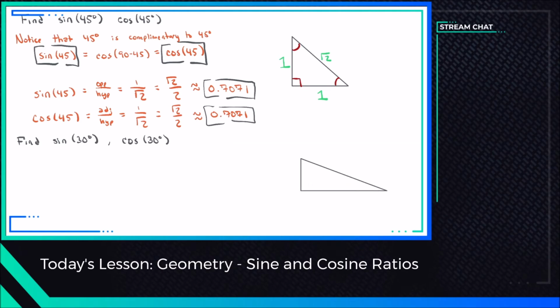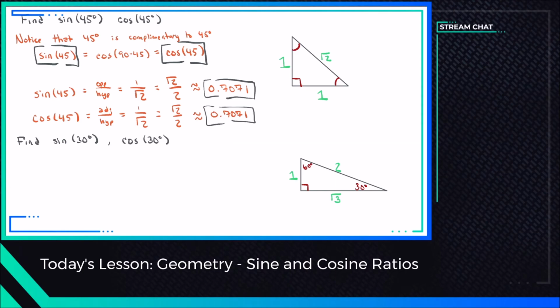Our right angle is going to be right there. Our 30 degrees is going to be down there, and then, of course, that's going to be 60 degrees up there. And if we make our shortest leg of this 30, 60, 90 equal to 1, then the hypotenuse is equal to twice the length of the shorter leg, and the longer leg is equal to the square root of 3 times the shorter leg.